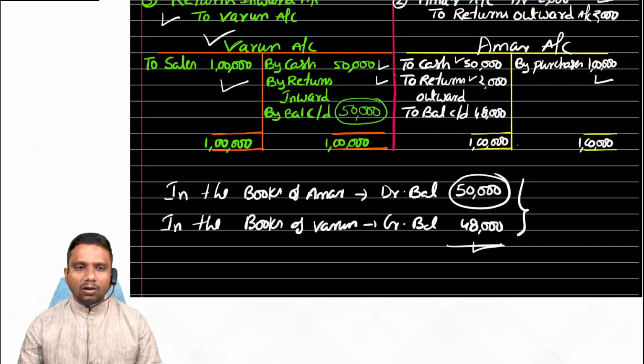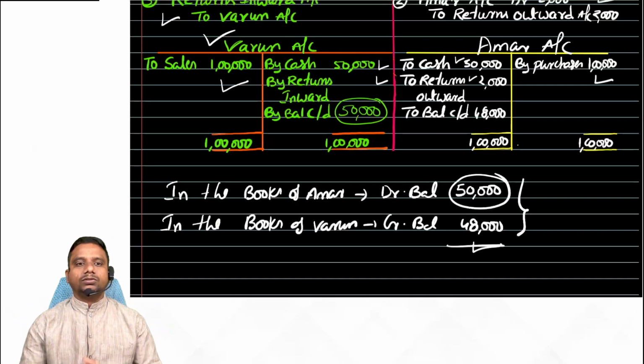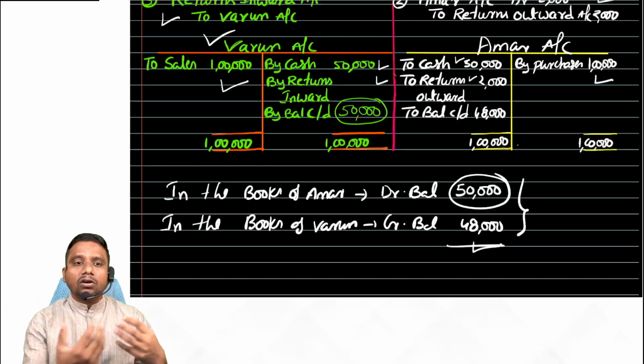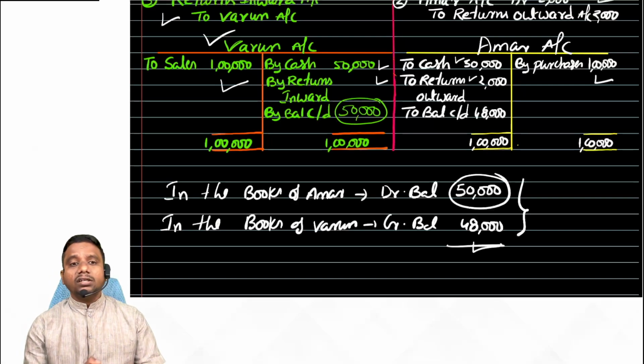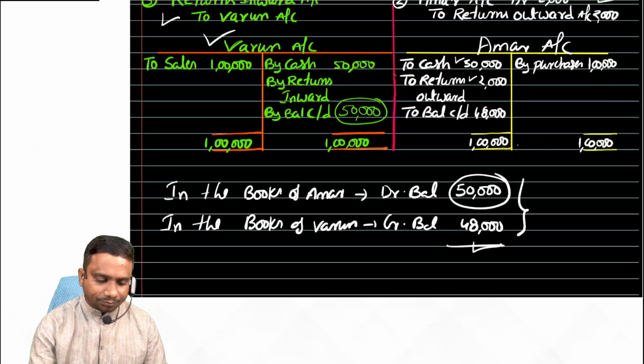Now, Varun will compare these two accounts, to see whether the transactions which I have recorded were recorded by Amar or not. Now look at how he compares. He starts comparing. Observe.